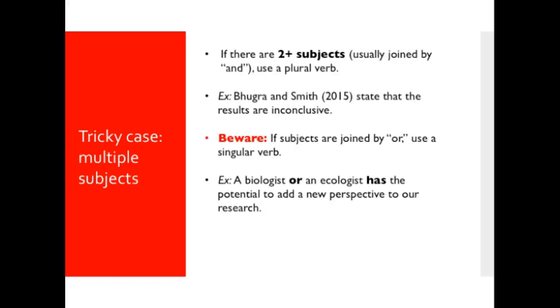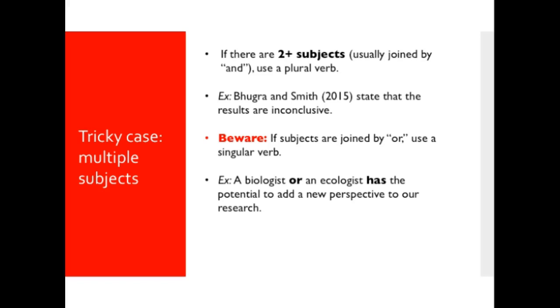Another case of confusion is when we have multiple subjects. And subjects can be associated with each other with and or or, for example. So if we have two subjects joined with the word and, then we have multiple subjects or a plural subject, and therefore we need a plural verb. So Bugra and Smith, these are two authors, state that the results are inconclusive, state being our plural verb.